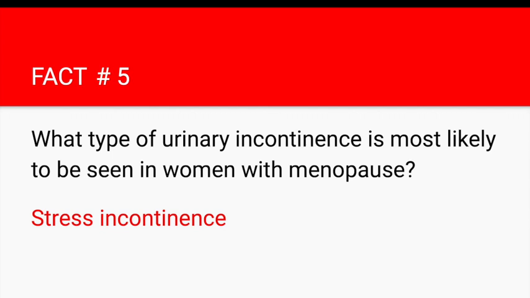However, the decreased estrogen seen in menopause causes a decreased tone of the pelvic floor muscles. Other causes of stress incontinence include pregnancy, obesity, and having multiple children. Stress incontinence is usually treated with Kegels and a mid-urethral sling.